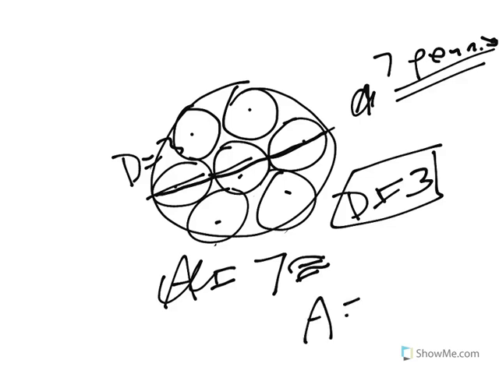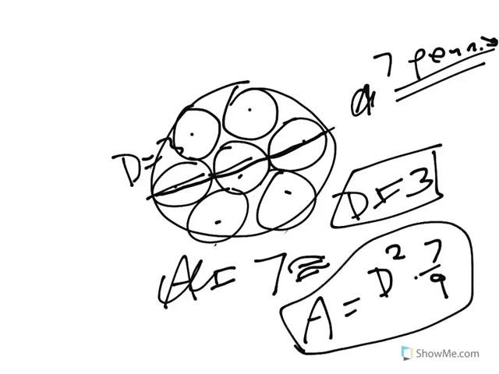So a formula you can create is maybe d squared, which would give me 9, times 7 over 9. That would be a formula that, if I put 3 in for the diameter, I would get 7 as the area.